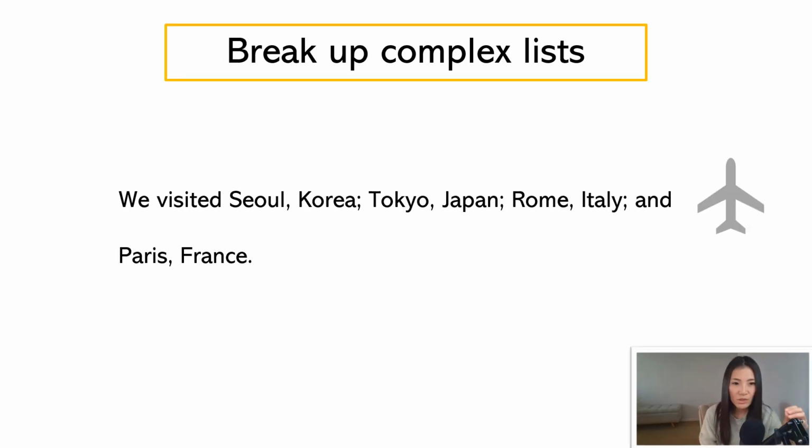We can also use a semicolon to break up a complex list. For example, "We visited Seoul, Korea; Tokyo, Japan; Rome, Italy; and Paris, France." So clearly this is city, country, city, country, city, country, and city, country. If I did not use a semicolon here, it would be really complicated, right?